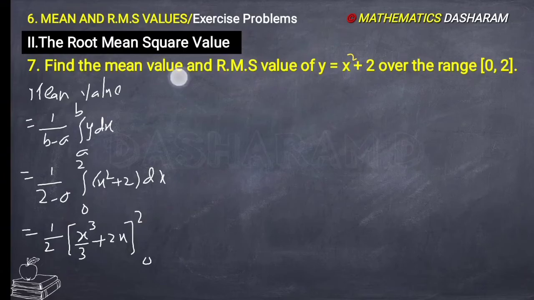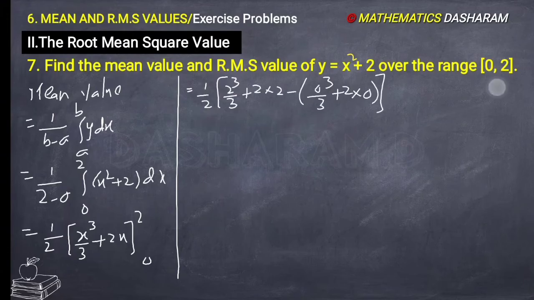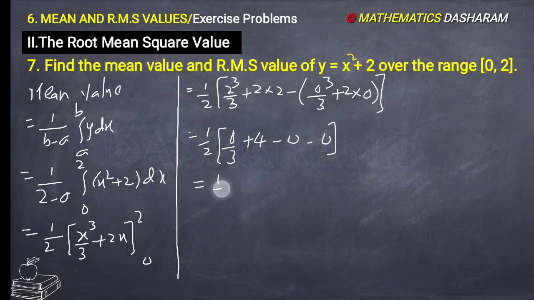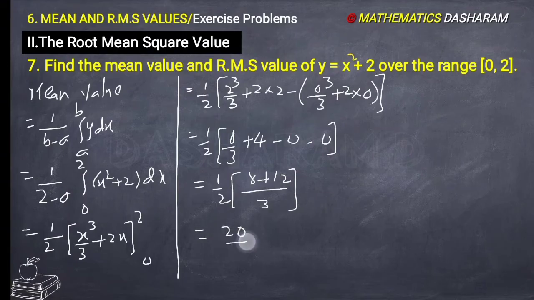Substitute the upper and lower limits: 1 by 2 bracket of 2 cube is 8 by 3, 2 2s are 4, minus 0 minus 0. So 1 by 2, here 3 is the LCM, 8 plus 12 is 20 by 3 into 1 by 2, which is 10 by 3. This is the mean value.